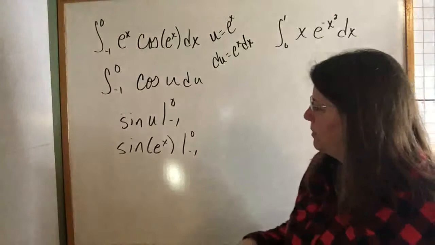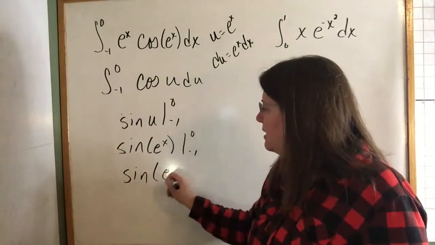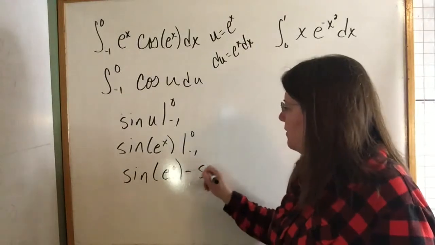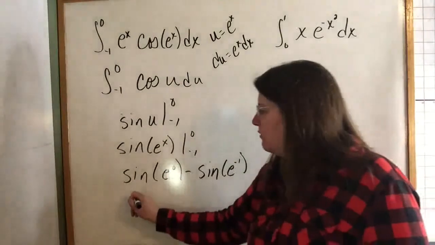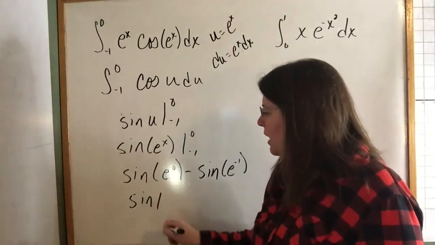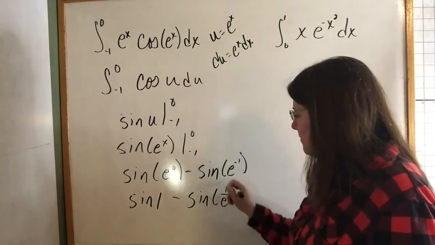And so then if we plug in the top, we have sine of e to the 0 minus sine of e to the -1. And we can rewrite that as sine 1 minus sine of 1 over e.